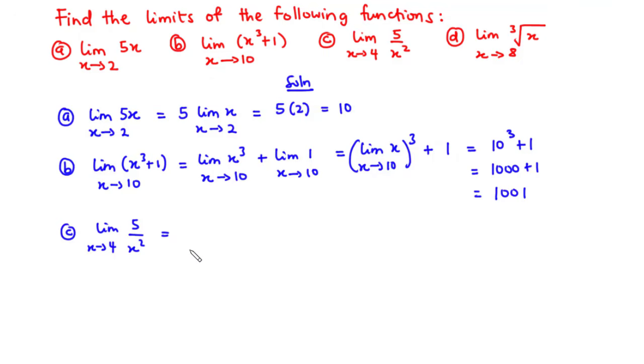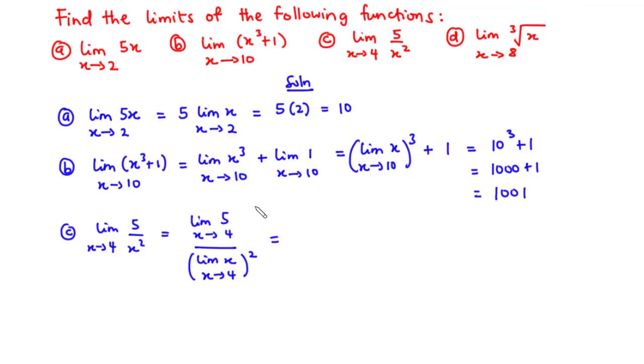Now to see, we have the limit of 5 divided by x squared as x approaches 4. So this can also be thought of as the limit of 5 as x approaches 4 divided by the limit of x squared as x approaches 4. We can further represent this as the limit of x as x approaches 4, all squared.